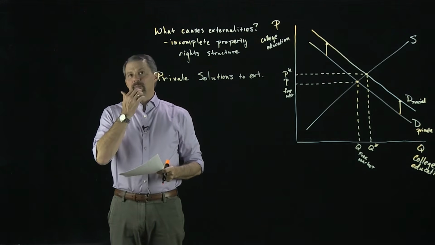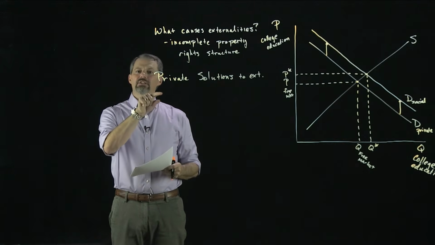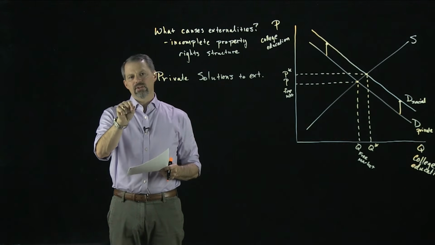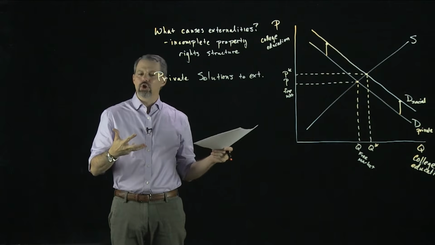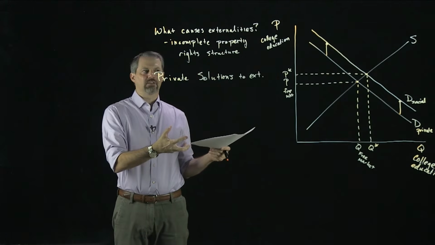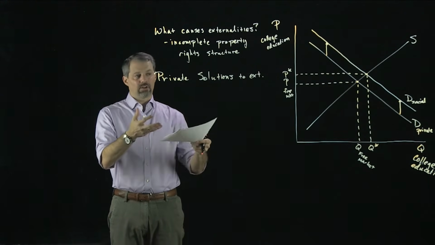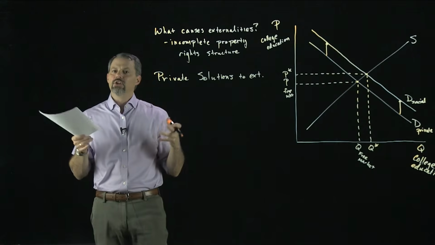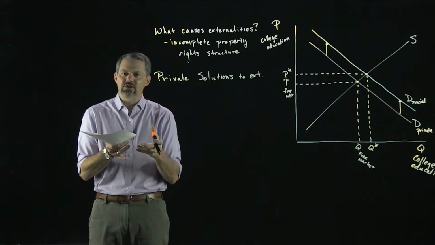And let's start by reminding ourselves that the efficient amount of pollution is not zero. We have to balance the good that we get out of production of the goods and services, or in the picture that we drew, the good that we get out of production of that electricity.